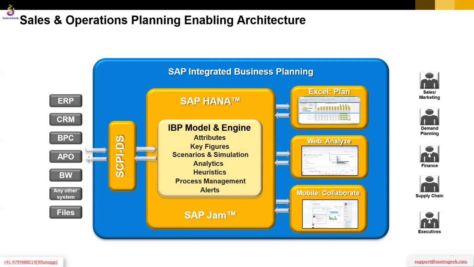IBP is the refined primary tool from the supply chain planning perspective. But SAC is being used widely nowadays, even by other departments, from the analytics perspective.